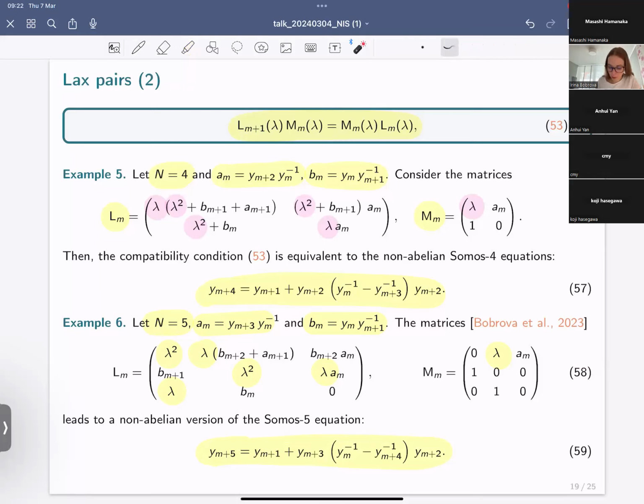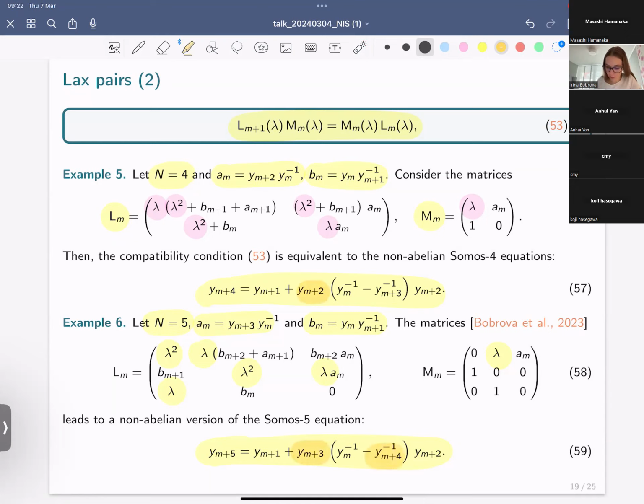The forms of these two non-abelian analogues are similar, but we have different indices.